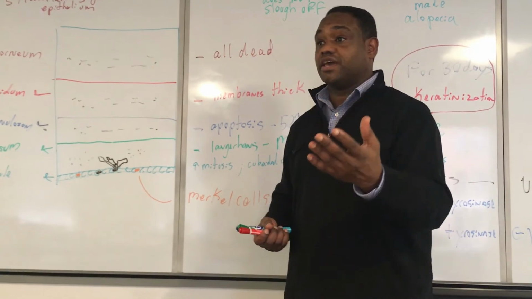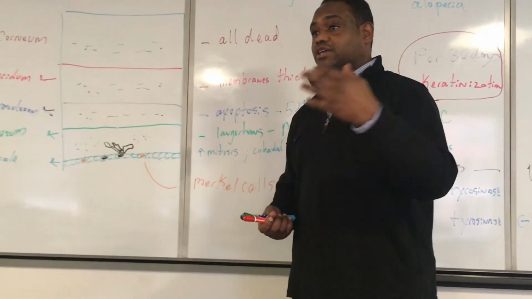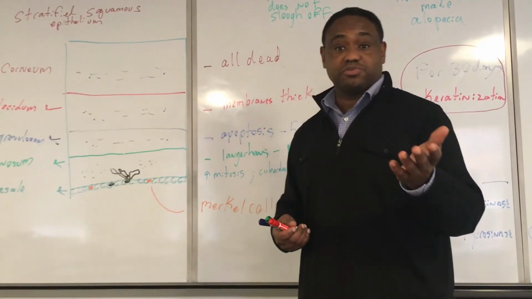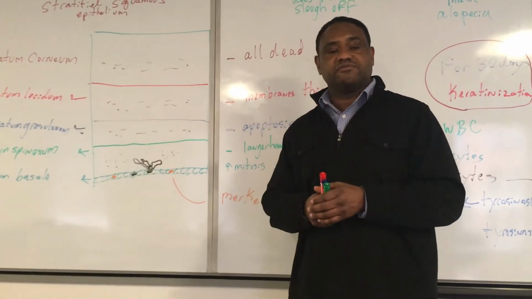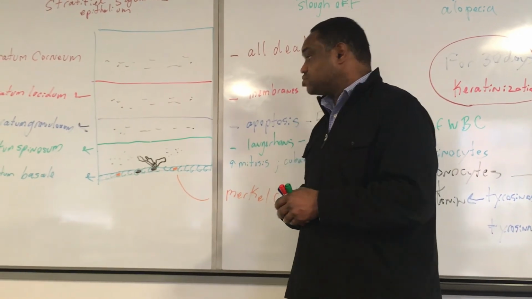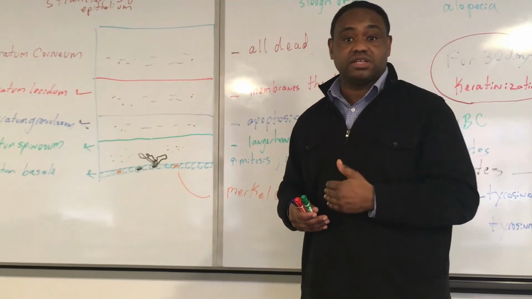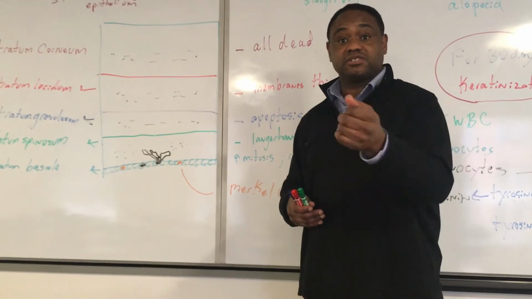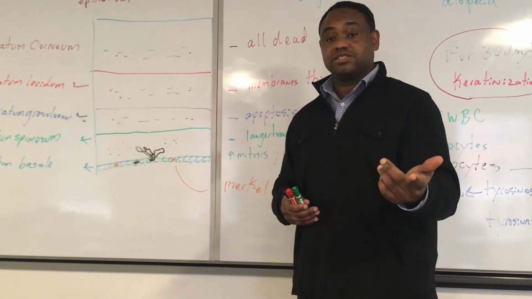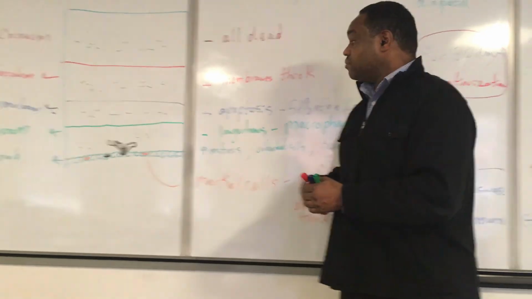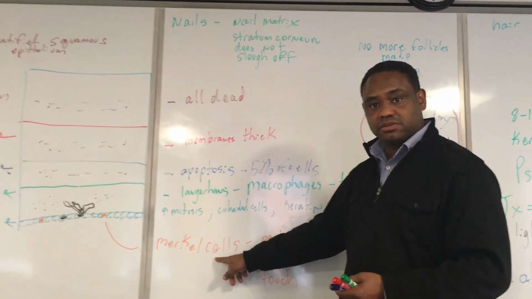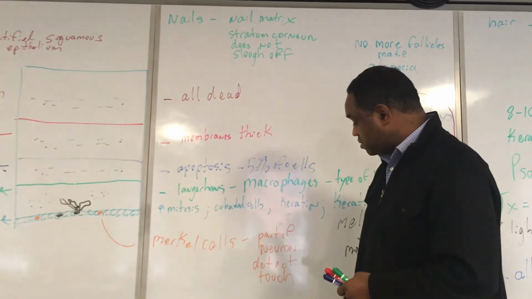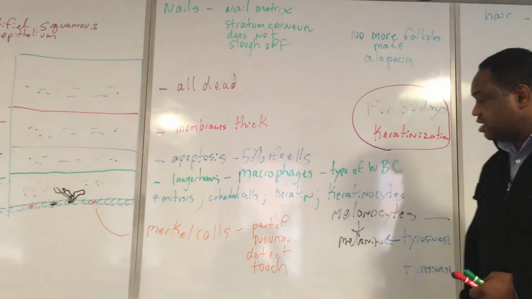Free nerve endings take care of pain, and Meissner corpuscles take care of touch, pressure, and vibration. So that gives skin the function of sensation. In your dermis, it's the free nerve endings, Meissner corpuscles, and Pacinian corpuscles, but in your epidermis, your Merkel cells also add to sensation, picking up things like touch.